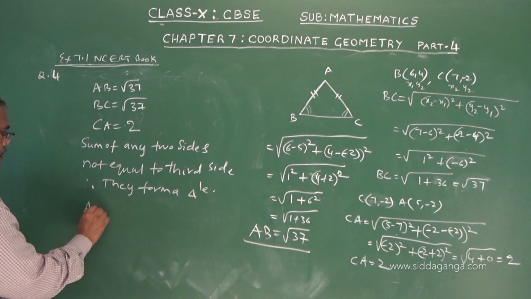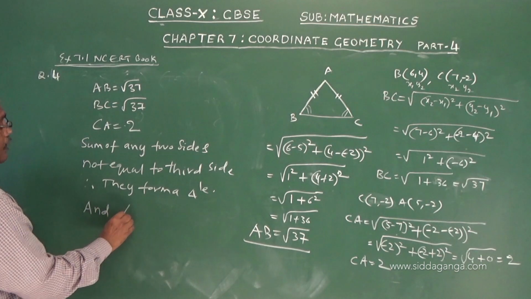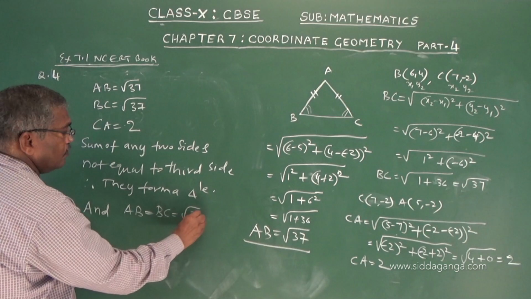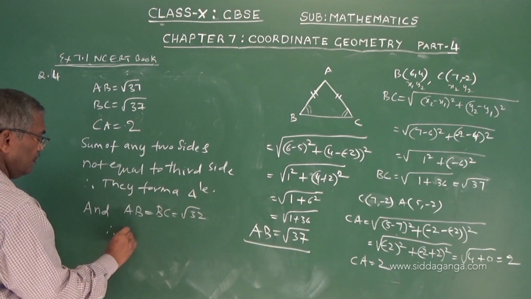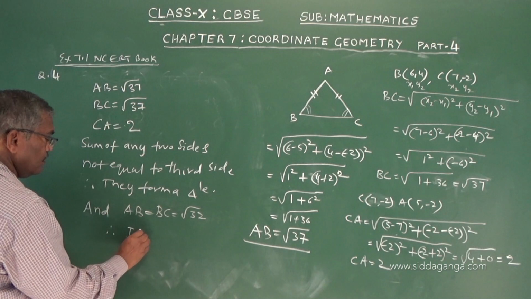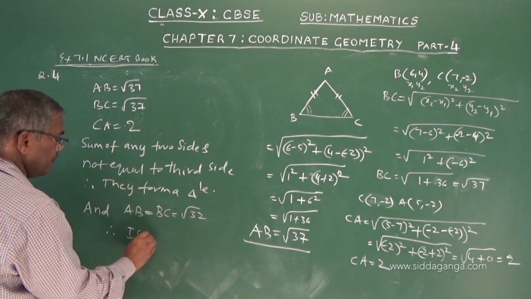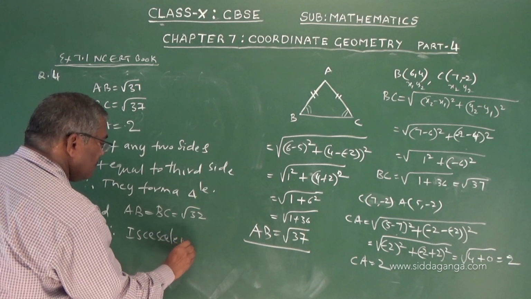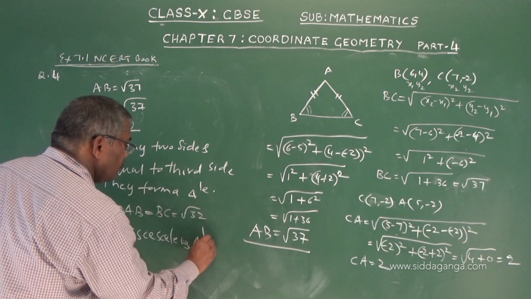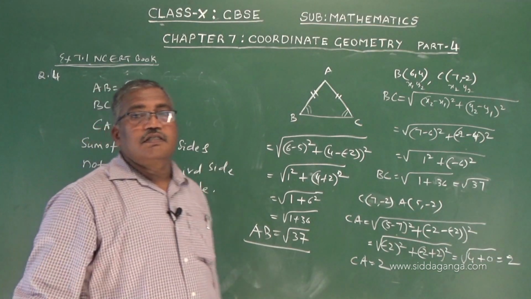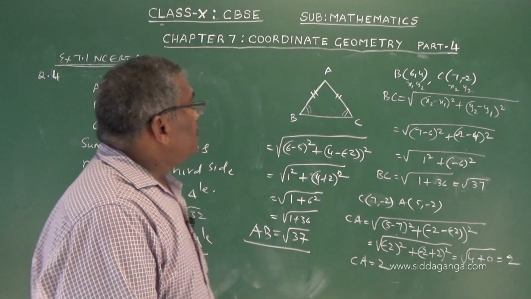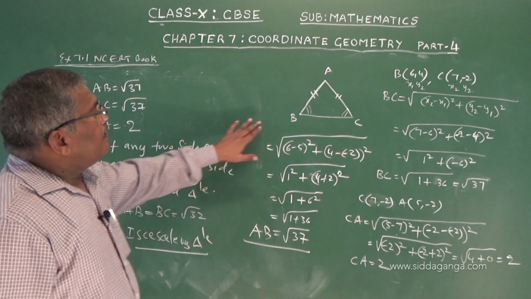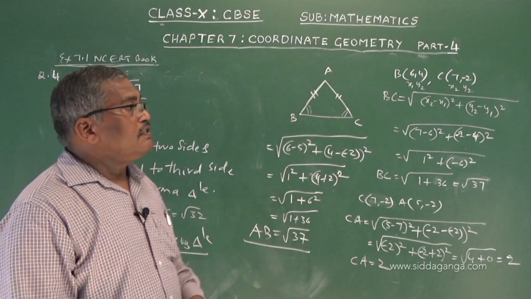And AB equals BC equals root 37. Therefore isosceles triangle. So the points form an isosceles triangle. That's the answer you have to write. So therefore the given points form the vertices of an isosceles triangle.